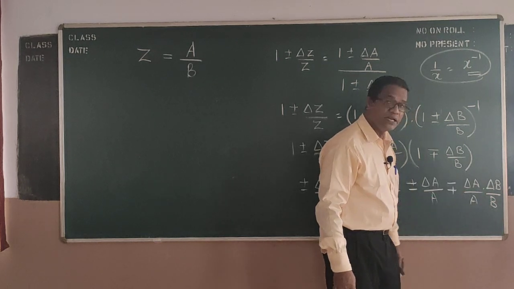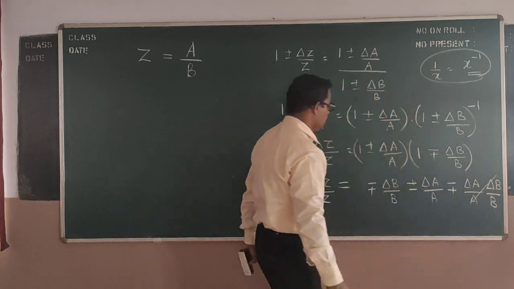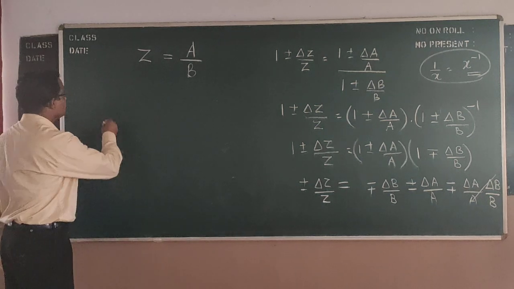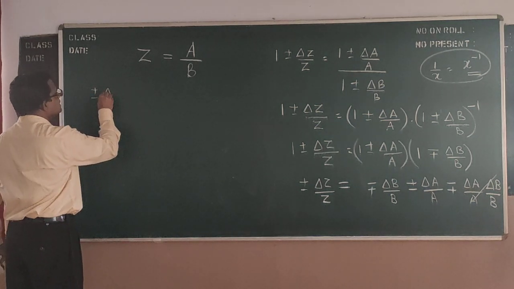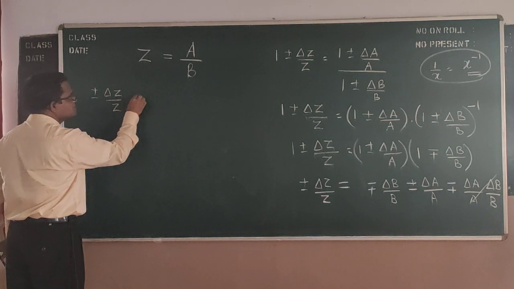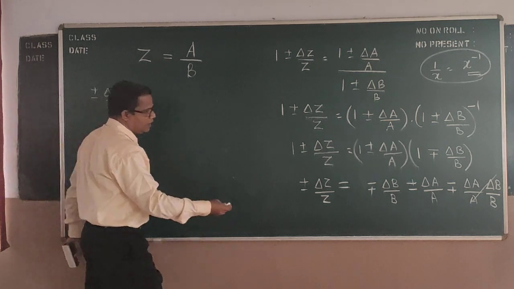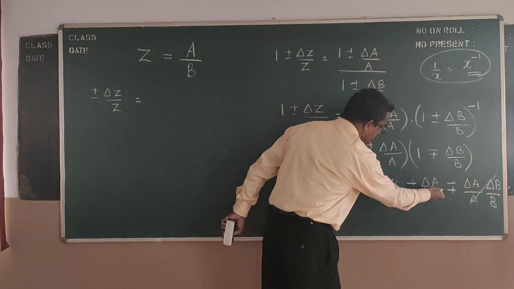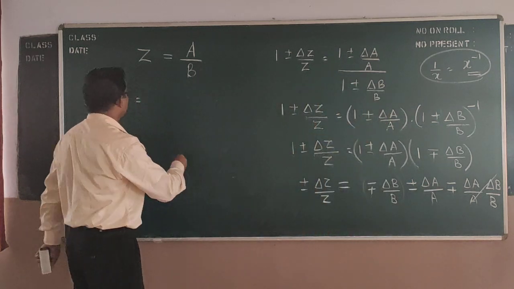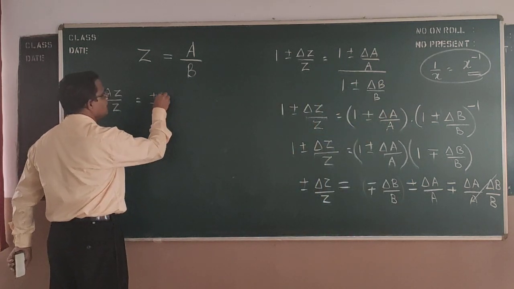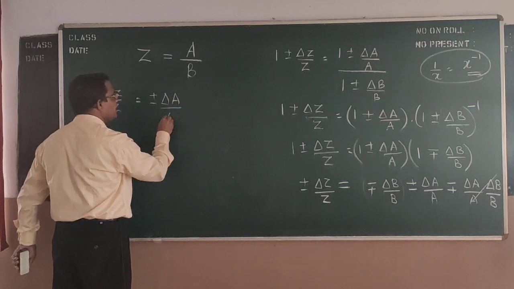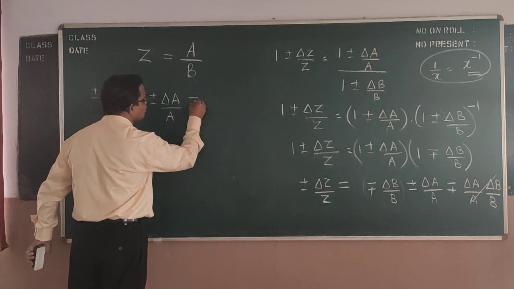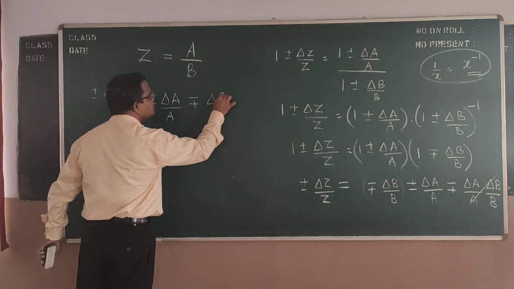So this can be neglected from this. And therefore we get plus or minus delta Z by Z is equal to minus or plus delta B by B, then plus or minus delta A by A. That is plus or minus delta A by A minus or plus delta B by B.